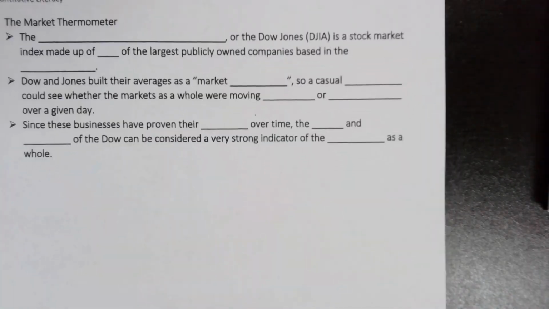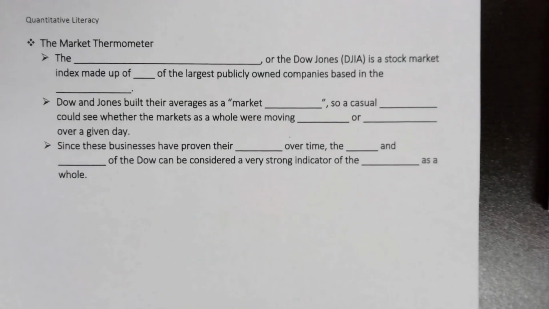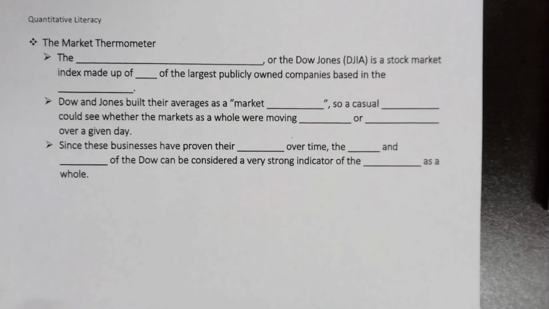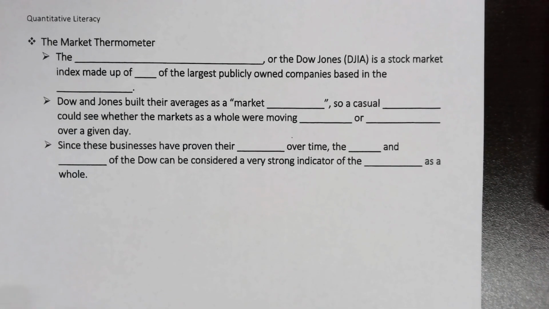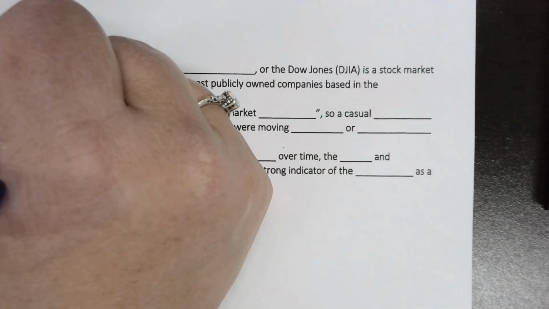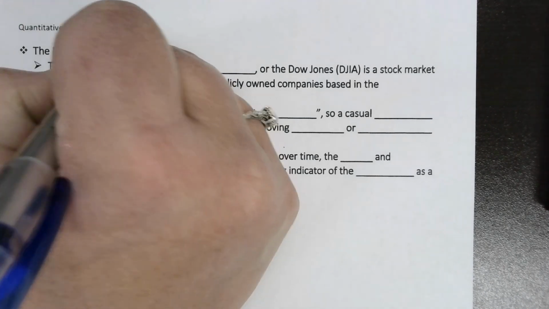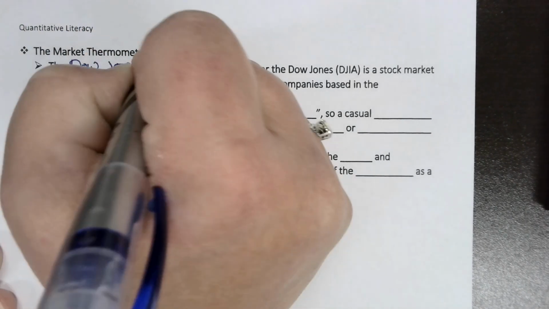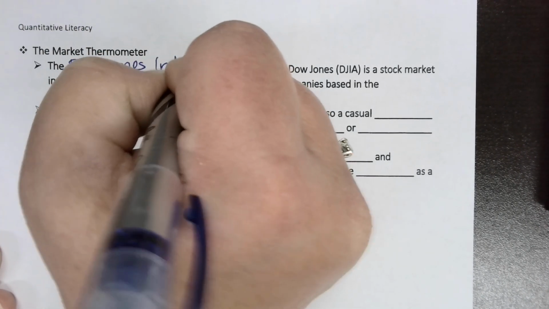Okay, last page of this lesson. This is a big lesson, guys. Like I said, it's got a lot of math in it. All right, so the market thermometer, as they call it, is called the Dow Jones Industrial Average.